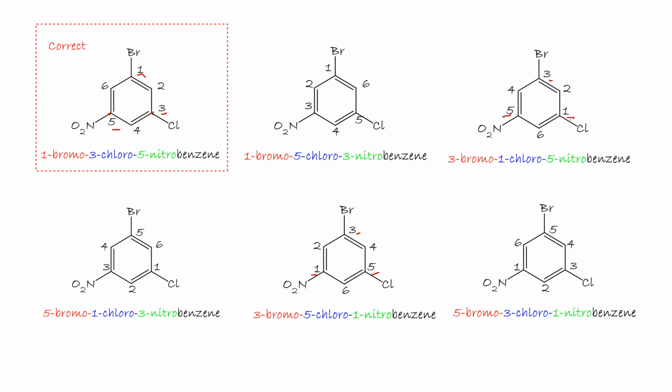We select 1 for Br, 3 for Cl, and then the later alphabet N takes 5. So the others are wrong. This one is correct. We give the lowest number to the first alphabet, B, okay? And 3 for C, and 5 for N.